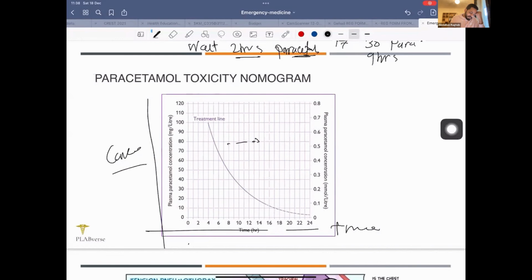So let's say after 8 hours, the concentration is 40. We are below the line, so give N-acetylcysteine. Well, if it's 8 hours and the level is 60, it's going to be here, above the line. So what you need to do is supportive management and consider liver transplant or contact the hepatology team.